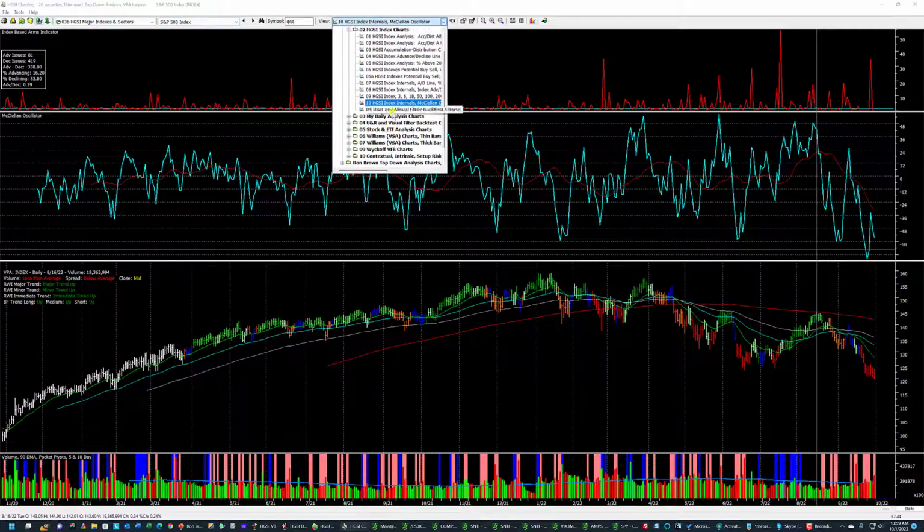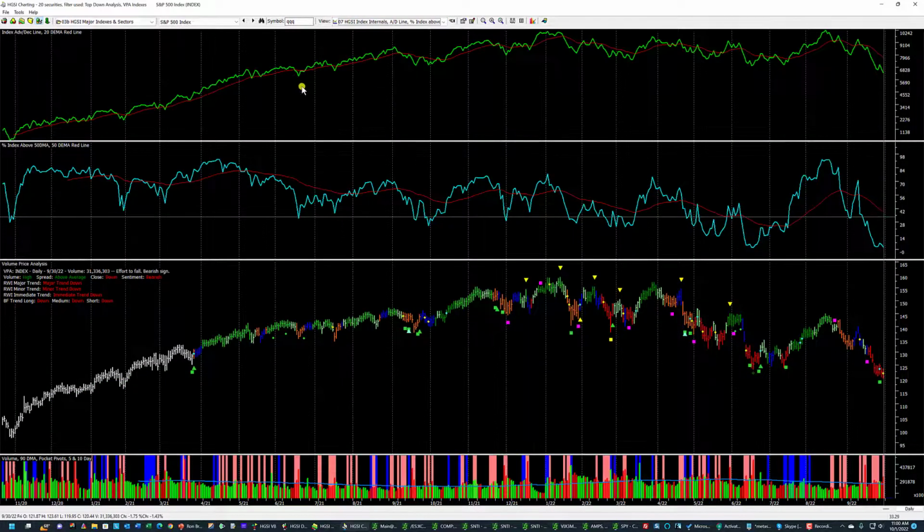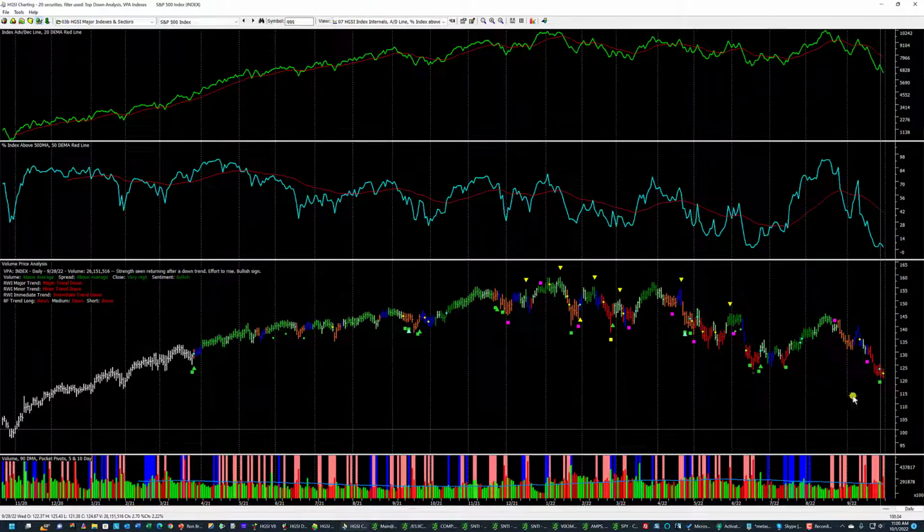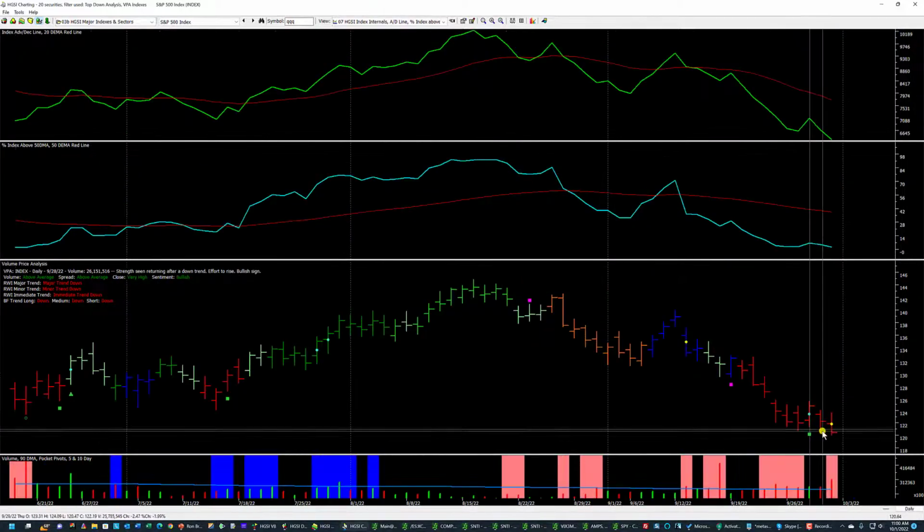Okay, I want to look at one more chart in here. This is the AD line based upon this index, and this is the percent above the 50. And if you look down here, I'll zoom in on this.